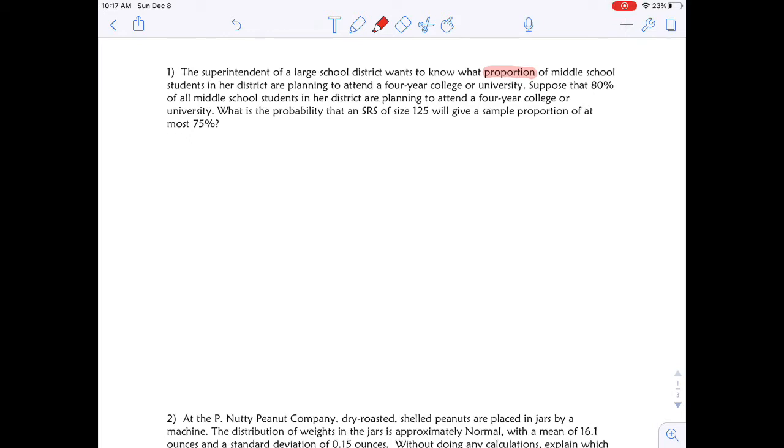So again, one of the first things you always want to do is try to figure out what we're dealing with. A sample mean or sample proportion, that's stated right there for us.